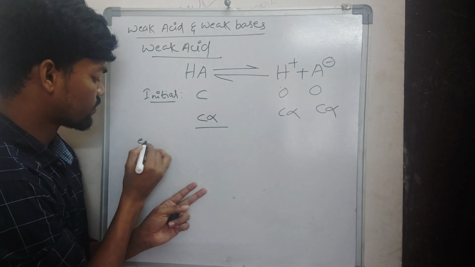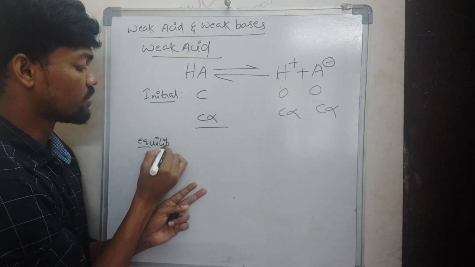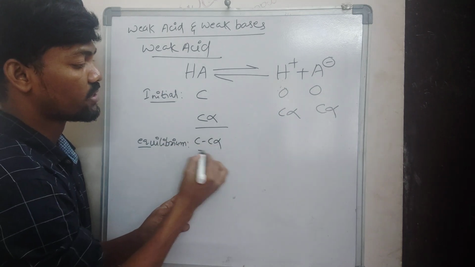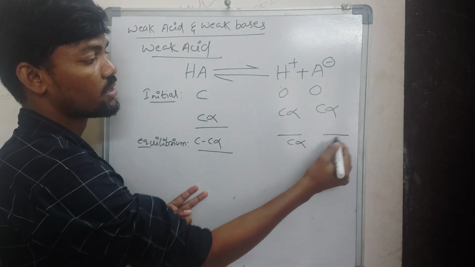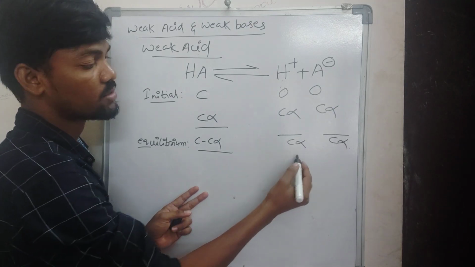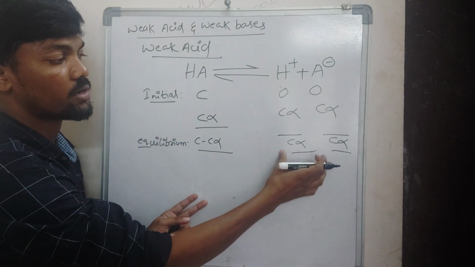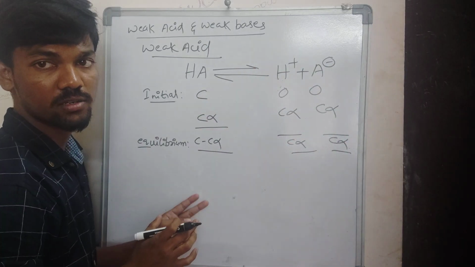At equilibrium condition, HA is C minus C alpha, and the remaining is C alpha. So at equilibrium the H plus concentration is C alpha, and the A minus concentration is C alpha.